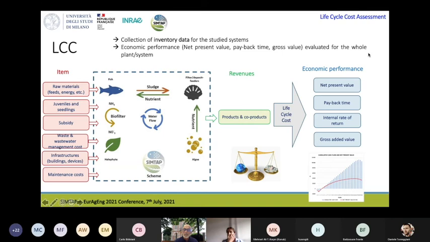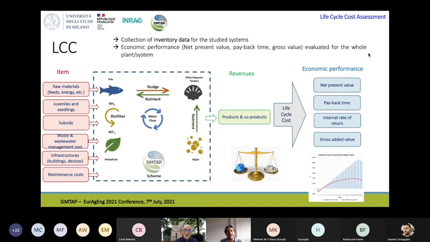The life cycle cost assessment clearly deals with the economic dimension. What we will perform is basically a cash flow analysis. We are going to consider, on one hand, the cash outflows, therefore the costs for buying the raw materials, the maintenance costs, and so forth.